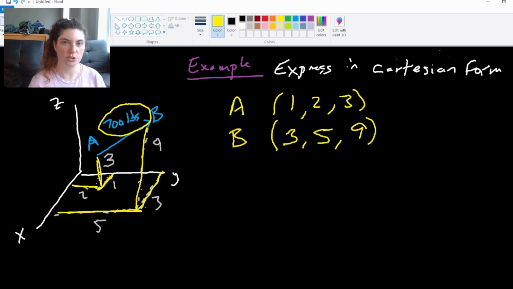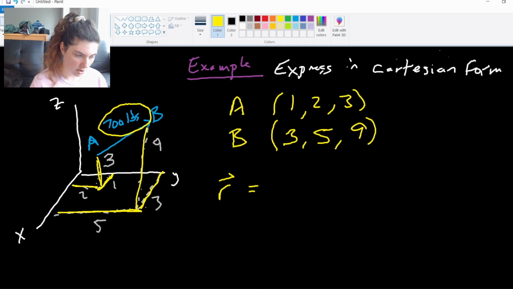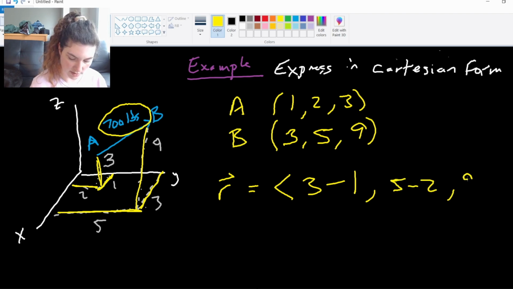So the first thing we'll want to do is find our position vector. Our position vector usually is represented as r. R is going to be the difference in our coordinates. It's going to be vector subtraction. So in this case, for our x components, if we subtract our A points from our B points, 3 minus 1 for our x components, 5 minus 2 for our y components, and 9 minus 3 for our z components.